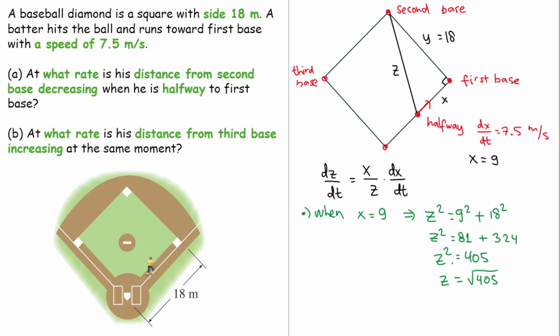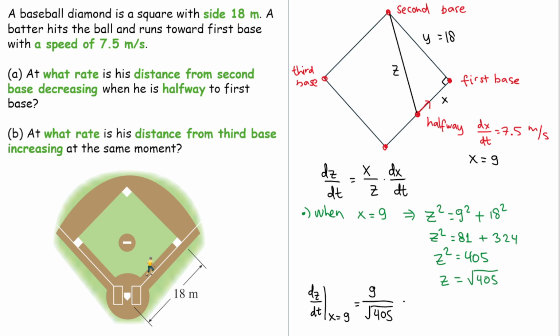Okay, I think we can stop it here, and we can just plug in the values. What is dz/dt when x is equal to 9? Okay, and then the value of x here is 9. And the value of z here is the square root of 405. And then what is dx/dt?